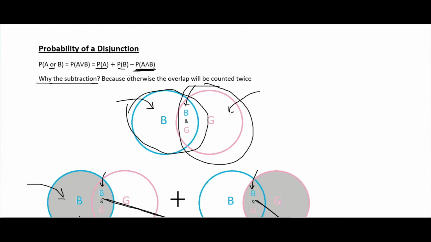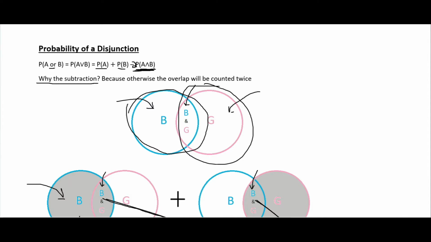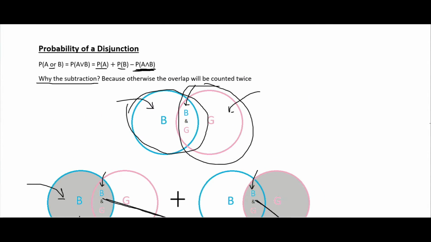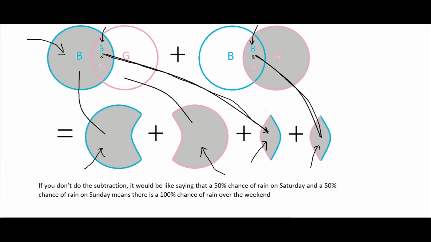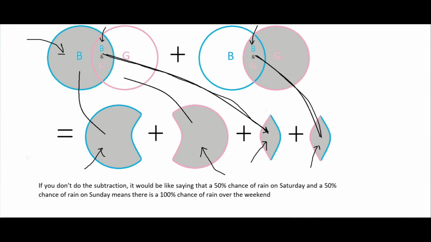Of course, if we were doing an exclusive or, we would put a 2 in front of that, because we would want to subtract out both of the conjunctions, both places where it is boy and girl. But since we are going to be talking exclusively about inclusive disjunctions, we will only subtract it out once.